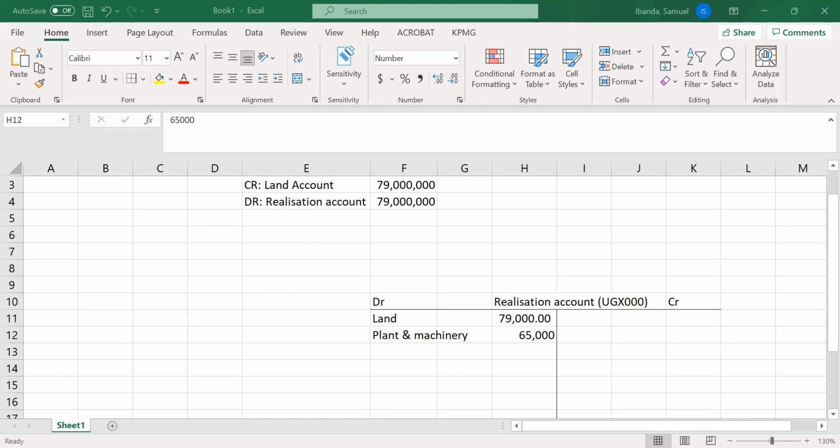But in this case, the assets are being written off to zero because the partnership no longer exists. And the goal of the realization account is for us to determine a profit or loss on realization, because at the end of the day, it's from that the partners are able to share the proceeds of the winding up of the partnership. Okay, so that is basically what will happen.